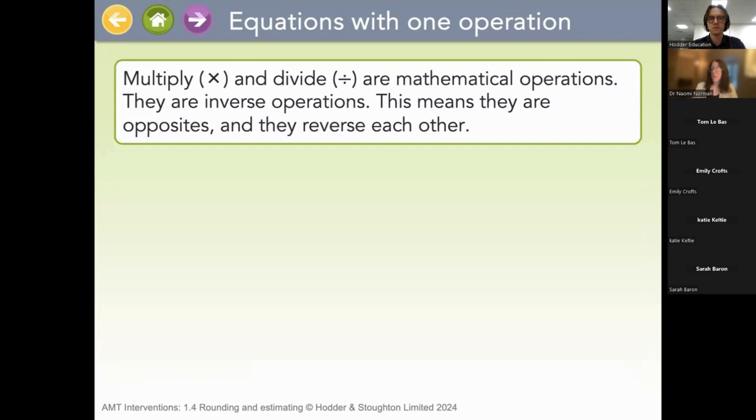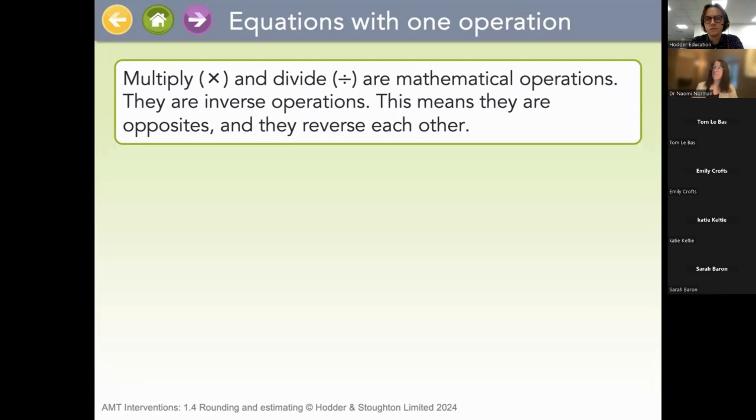A similar approach is adopted later on in the intervention when working with the inverse operations of multiplication and division. And once again, instead of starting by working with equations, we start with something familiar, and not just familiar, but something really familiar that students should have learned early in primary maths and had reinforced time and again throughout key stages 1 and 2.